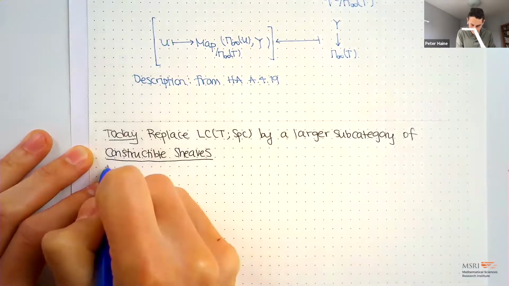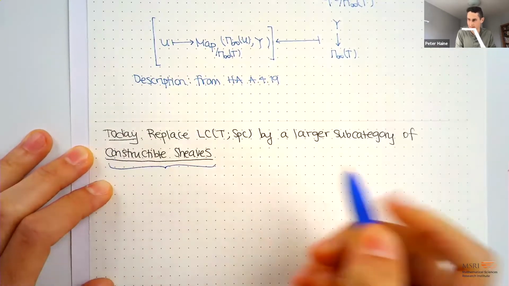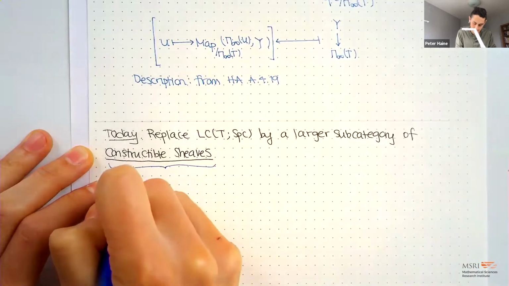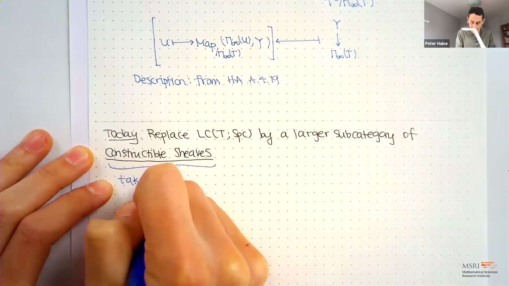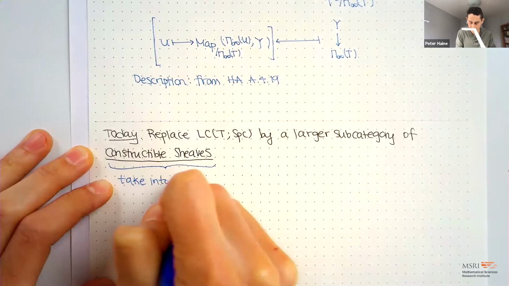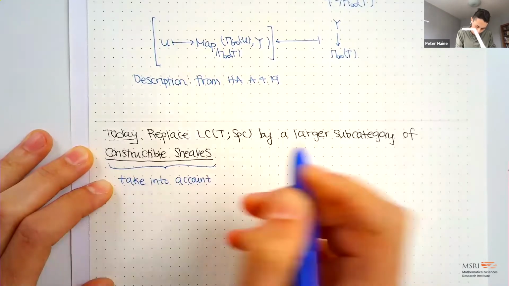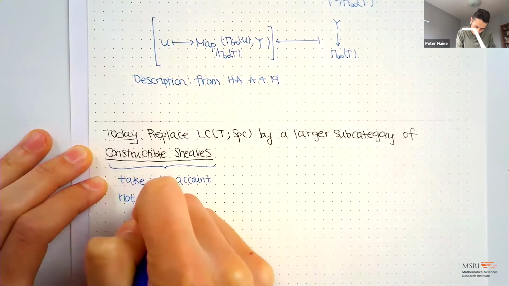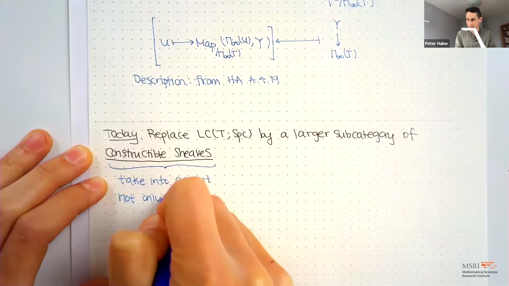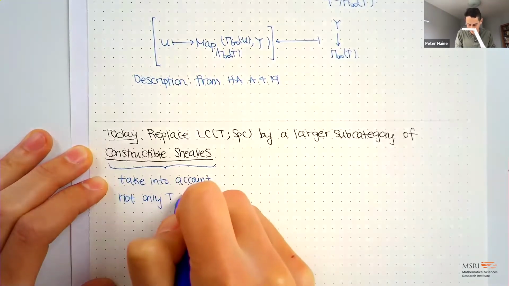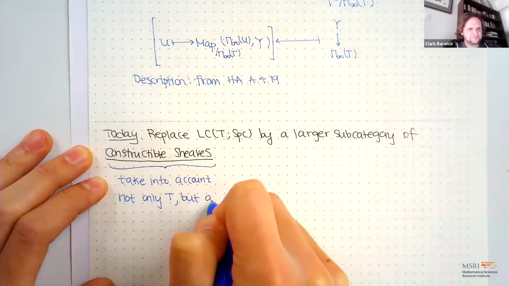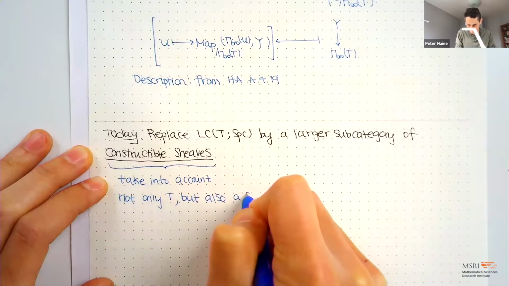So these guys will take into account not only this topological space T, but also a stratification.